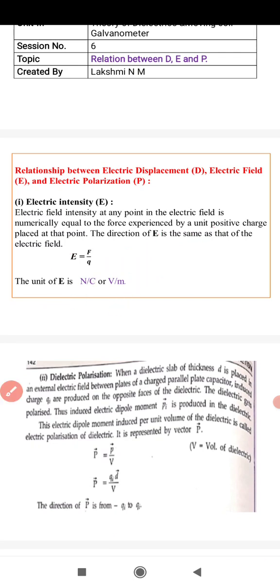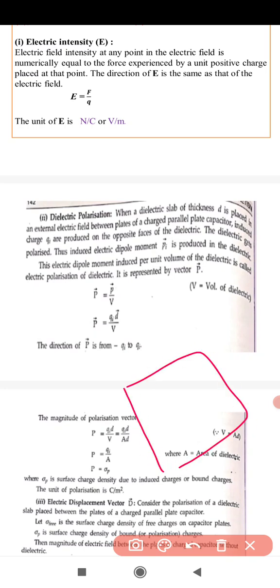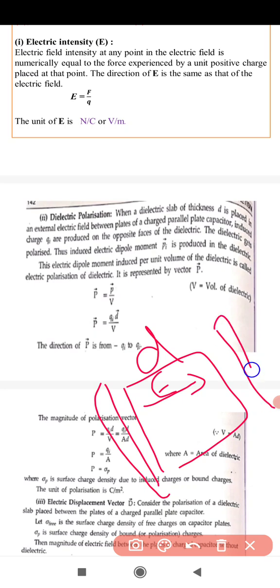Now we see dielectric polarization, or the electric polarization vector. When a dielectric slab having thickness small d is placed in an external electric field, between two charged parallel capacitor plates, induced charge Qi will be formed in the opposite direction of the plates.